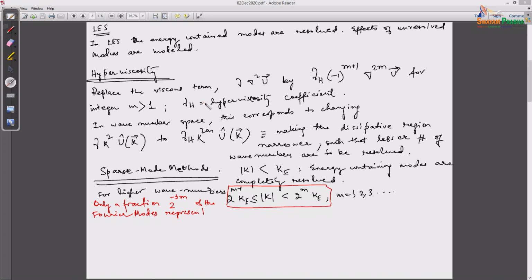Even if I look at the domain and say I am going to resolve only these modes, typically the energy containing modes, I can do something to reduce the size of the dissipation zone, which is hyperviscosity. Basically, I am choosing to calculate only these motions, because I am restricted.